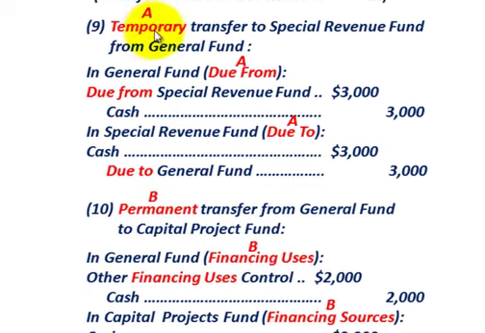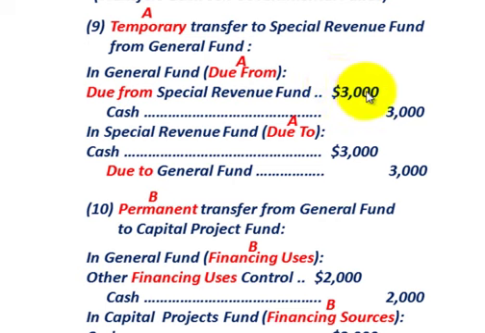So starting with a temporary transfer, this is where we're going to be transferring from the general fund to the special revenues fund on a temporary basis. So what you have to do is determine these accounts. You're going to have a due from account and a due to account. So for the general fund, you're going to have a due from the special revenues fund.